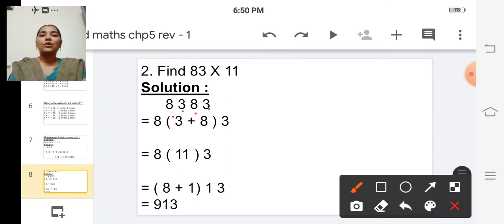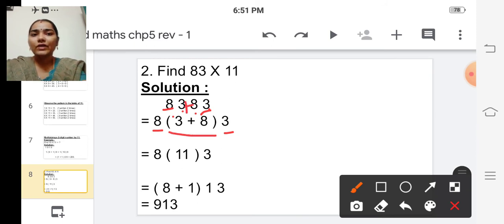Then in the next step what we have to do? We have to add the numbers in between. Okay. So write this 8 as it is and this 3 as it is. And we are going to add this 3 plus 8. Okay. 3 plus 8 is 11. We are getting a 2-digit number, isn't it?